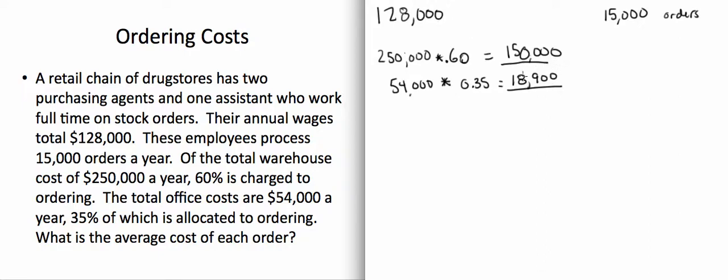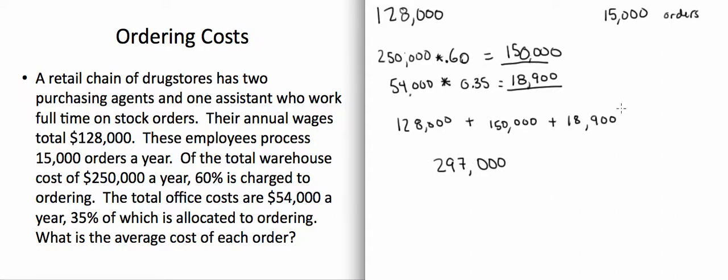These are the three values that we need to add together to determine the total cost of ordering. So we're going to add these values together: 128,000, 150,000, and then 18,900. That gives us an answer of $297,000.